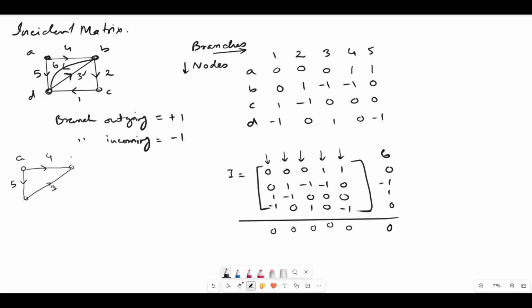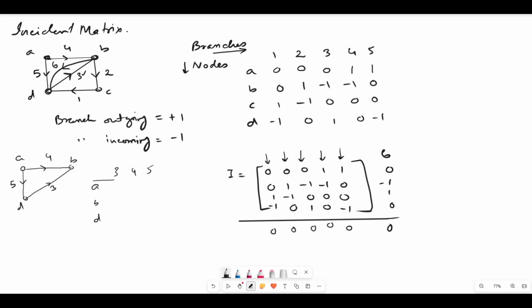Now if we write down the matrix, it will be A, B, D, and the branches we have are 3, 4 and 5.